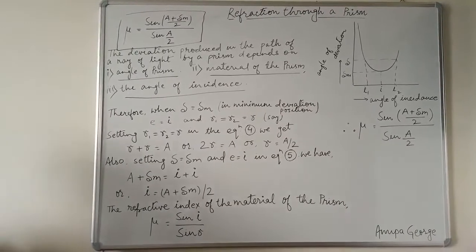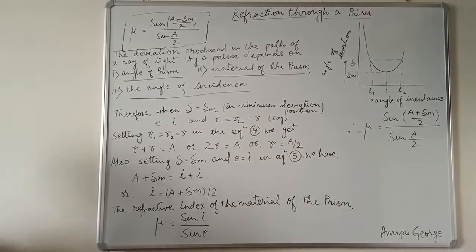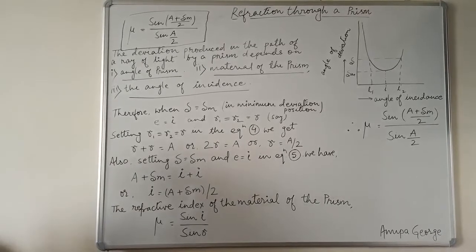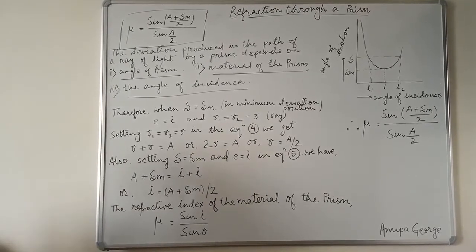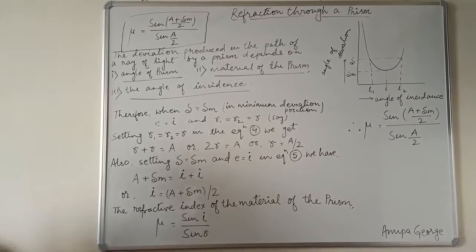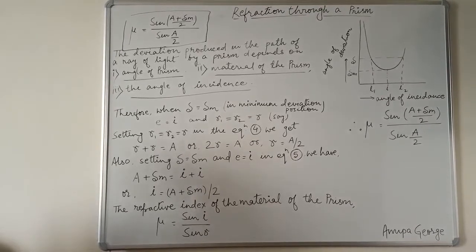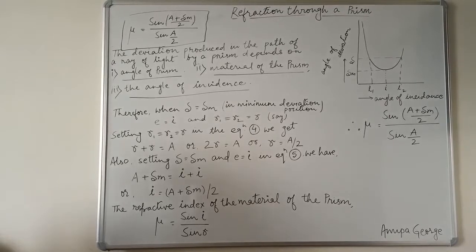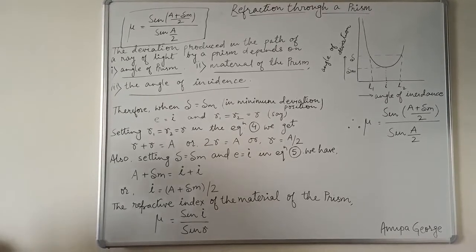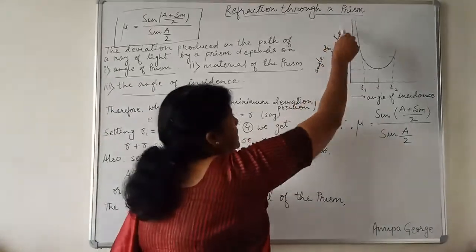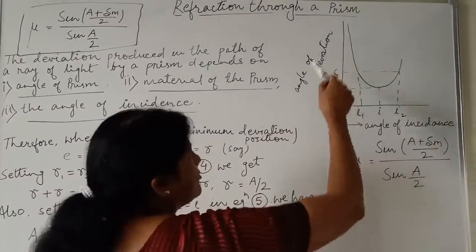If the angle of incidence is increased gradually, the angle of deviation first decreases, attains a minimum value, that is del m, the minimum deviation, and then again starts increasing. See this graph.